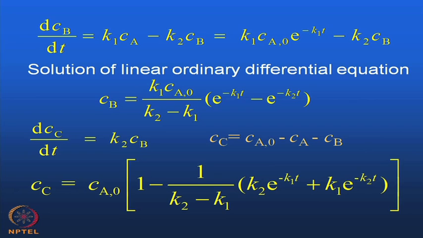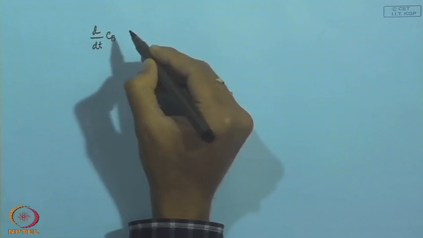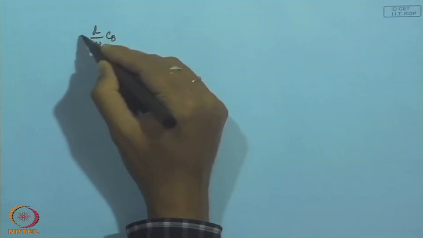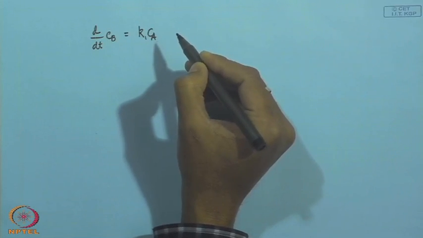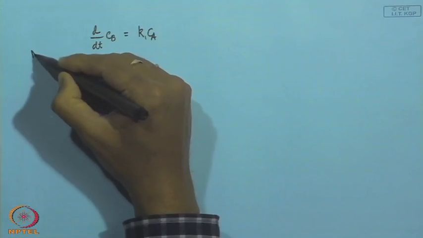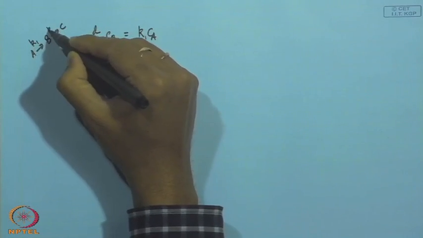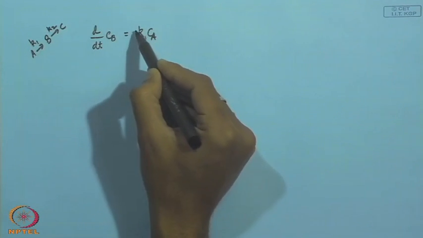Now, let us find dCB/dt, that is the rate of formation of B. So, dCB/dt, because we are looking at the formation rate of B, it is in plus sign, is equal to K1 CA. Recall the initial prescription that A to B to C with K1, K2. So, B is produced with K1 rate, that is why it is in plus sign.